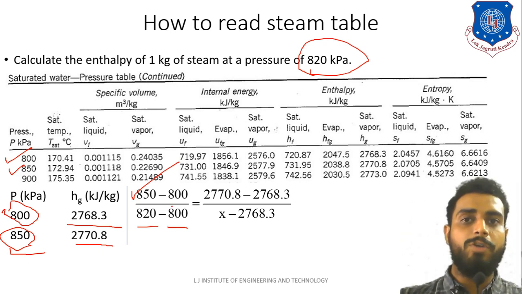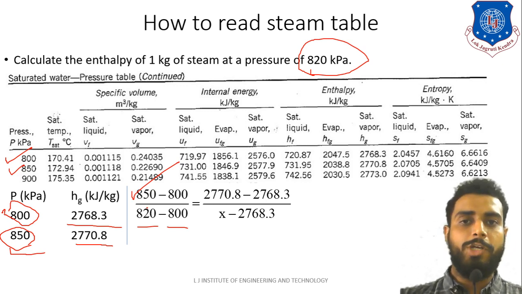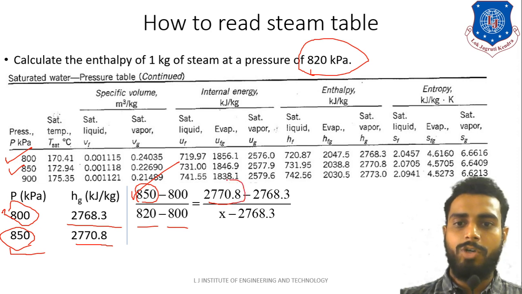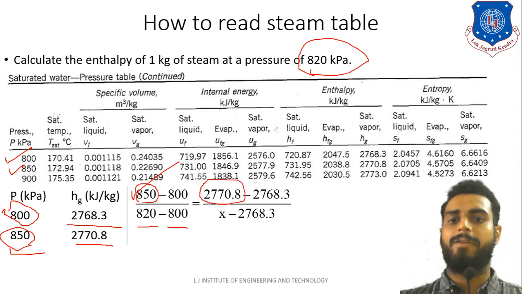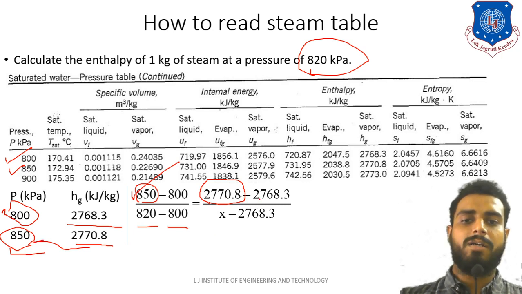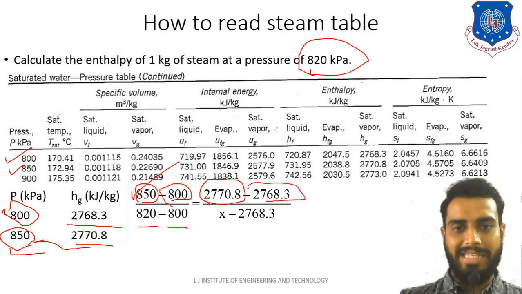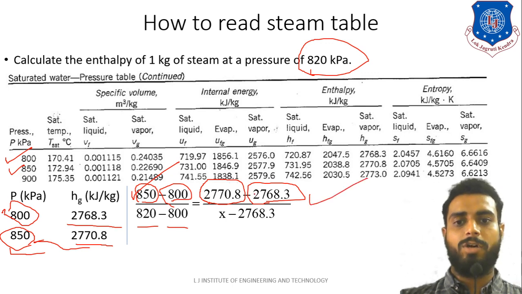Which value do I want to find out? I want to find out Hg. So take the value of Hg corresponding to 850 kilopascal, that is 2770.8, as you can see over here, minus the corresponding value of Hg at 800 kilopascal, 2768.3 kilojoule per kg. So substitute that value also.